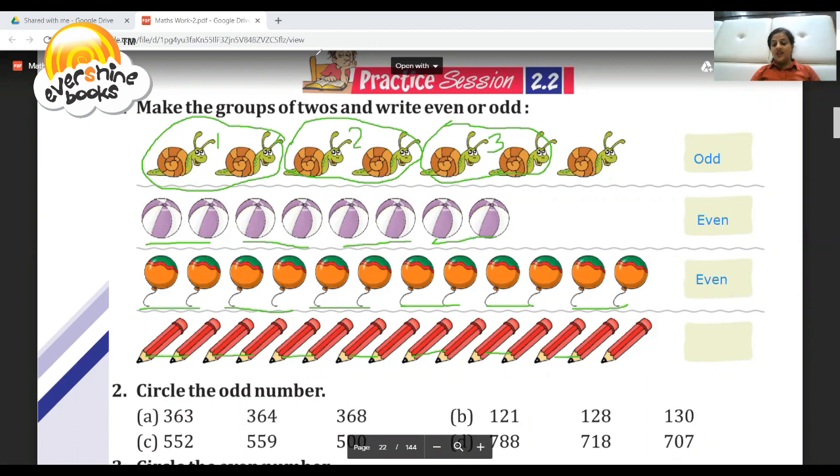What we are seeing here is that one pencil is left, which means it is an odd number. Yes, it is an odd number, and in that the pairs are not completely done. So it is an odd number. We have written here odd numbers. Okay, students? Got it?